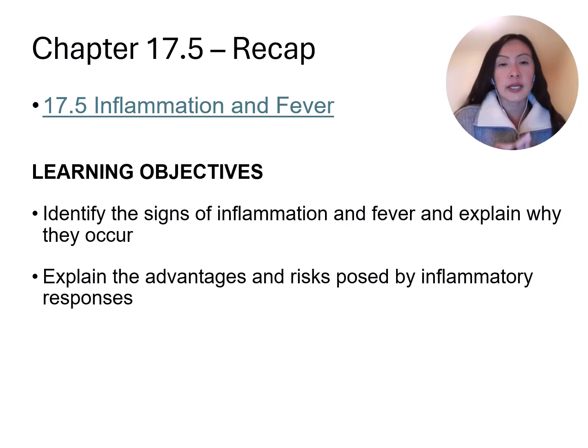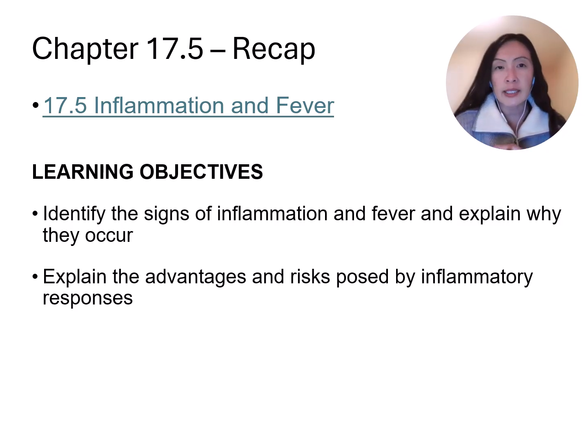So let's look at the signs of inflammation first. There are 5 classic signs. Erythema, which was redness, was caused by vasodilation, which brings more blood to the area. The second was heat, and that's also due to that increased blood flow from vasodilation. The third one was edema or swelling, and that's due to increased vascular permeability, which allowed fluid, proteins, and leukocytes to leak into the tissues.